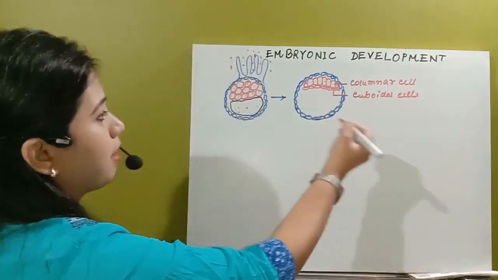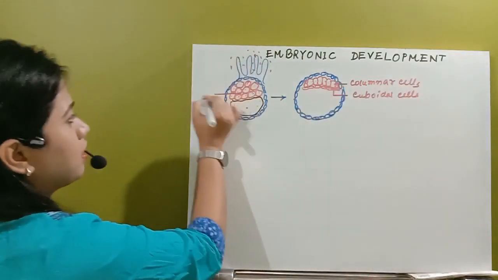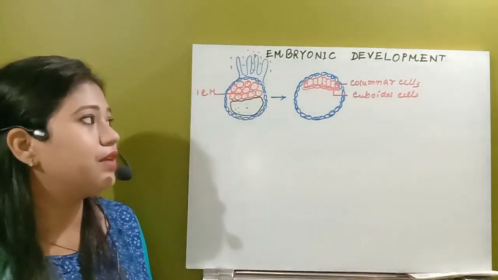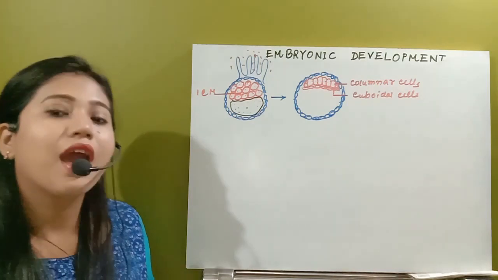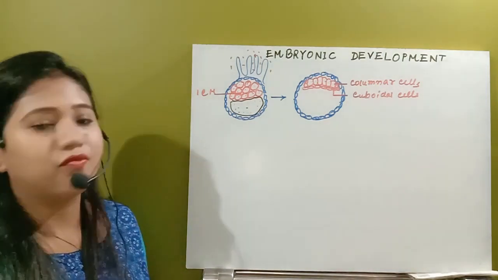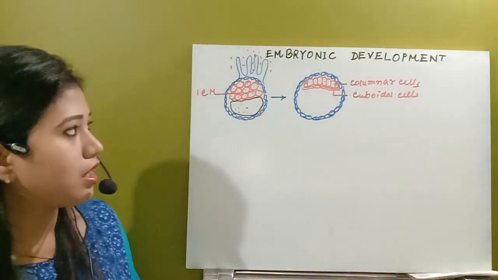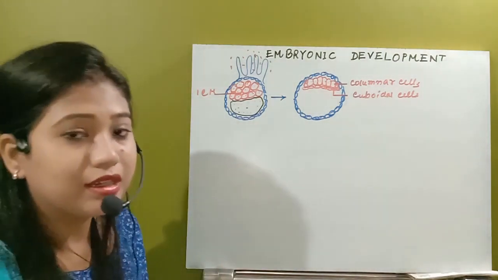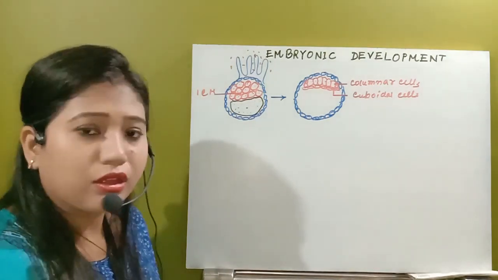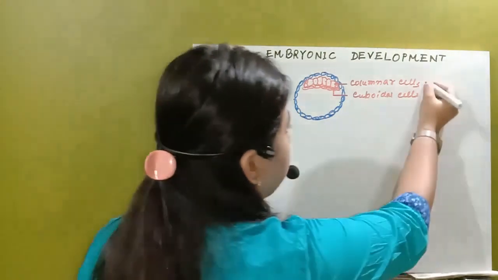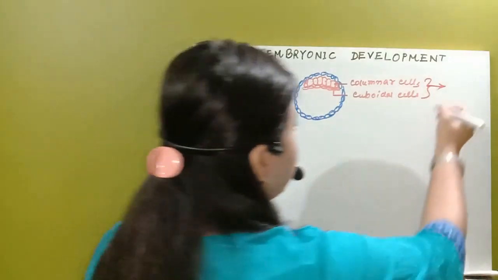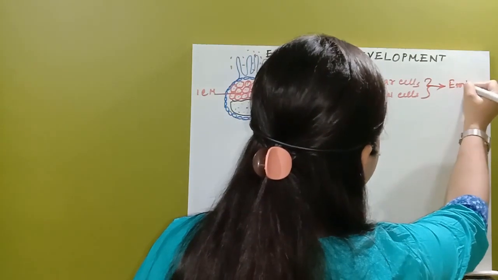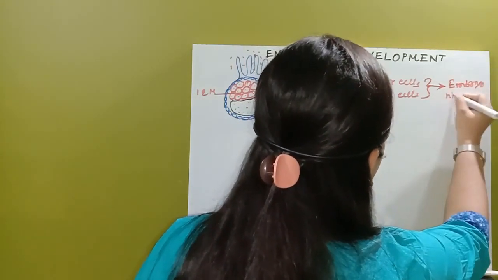So here you can see, these are the columnar cells, and just behind that we had a layer of cuboidal cells. So what happens? First of all, from the inner cell mass, the cells will divide. They will form the columnar cells above, and just behind that they will form the cuboidal cells. Now those same columnar and cuboidal cells are together known as the embryonic disc.